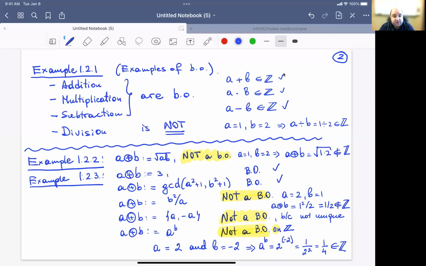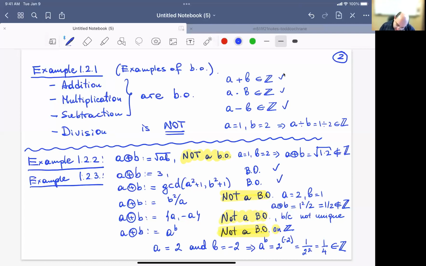On the other hand, if I took natural numbers, meaning positive integers, then if I take a natural number and raise it to a positive integer, again to a natural power, then the result will be a natural number again. So that would be a binary operation.